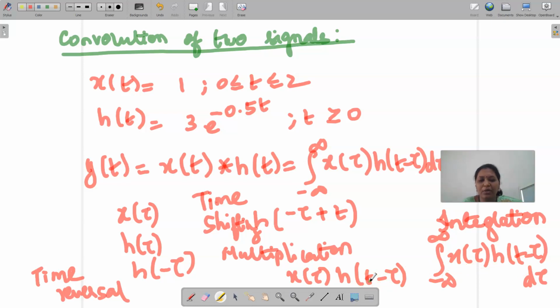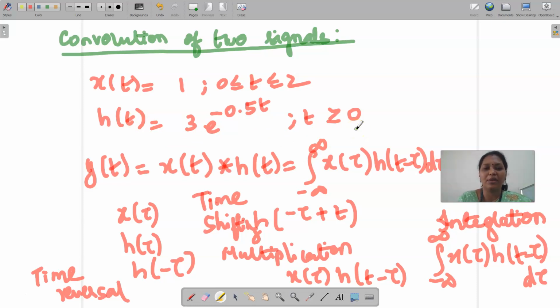I need to find out how I have to shift my h of minus tau, with what value I have to shift. So I need to find out the values of t. So in this problem, what are the values of t? For x of t, the value is 1 for 0 to 2, and h of t, the value is 3 into e power minus 0.5 t for t greater than or equal to 0.